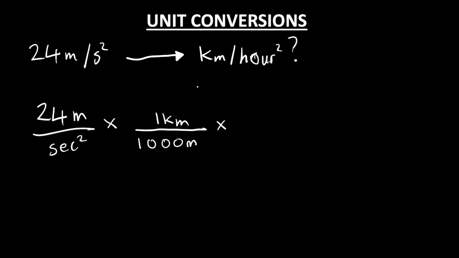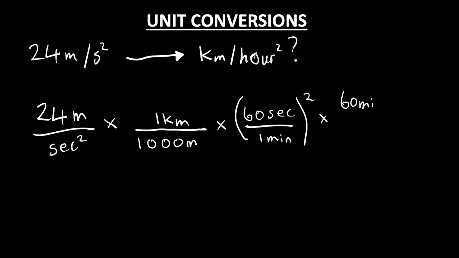Now going from seconds squared to hours squared, we know that 60 seconds are in 1 minute. But as this is seconds squared, this has to be seconds squared. So we have to square all of this, giving us minutes squared. And we know that 60 minutes are in 1 hour.